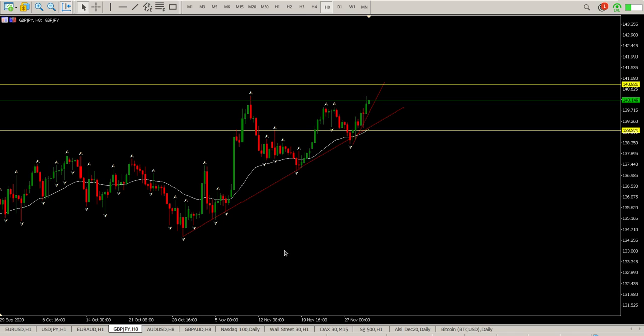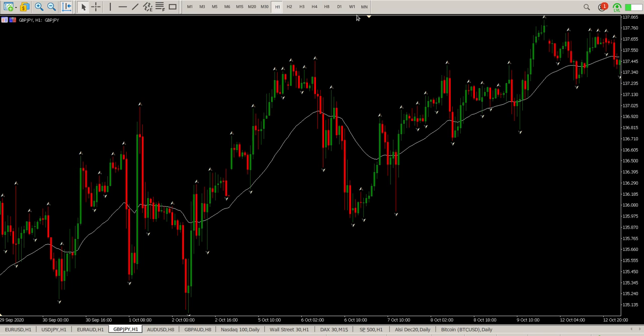British pound, Japanese yen. So we are still waiting for this measured move here. So that was a move up, pullback, and we are still moving up. The thing to take note of at the moment is we have broken above this area here. Get it exact. We come to the hour.